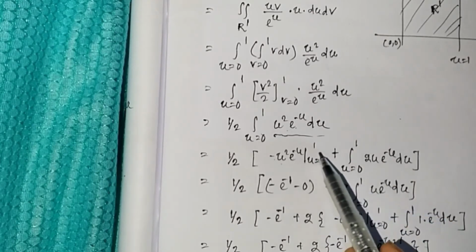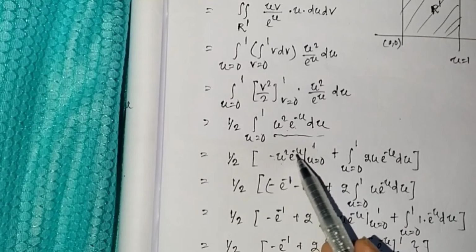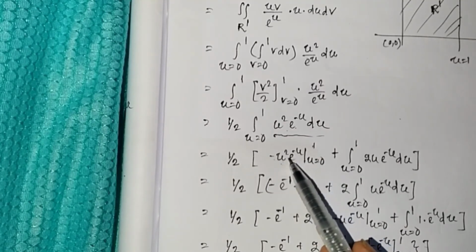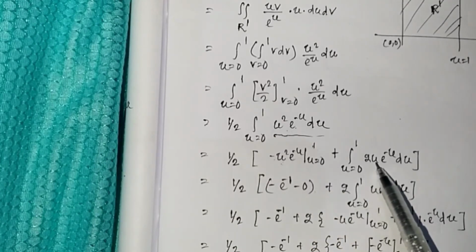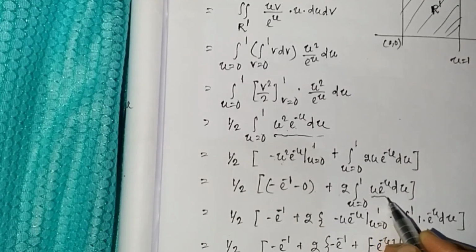Then put the upper limit of u, then lower limit of u. For putting upper limit, here we get minus e to the power minus 1, and for 0 this value vanishes, and here plus 2 goes outside, and again integrate this using Euler formula.